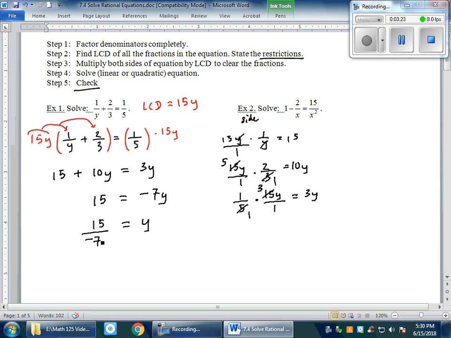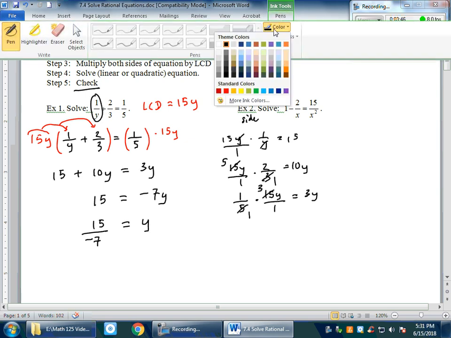It's very important that after you find the LCD, you find the restrictions right away. In the original rational equation, the first fraction has the variable y in the denominator, so we can clearly see that the value of y cannot be 0.